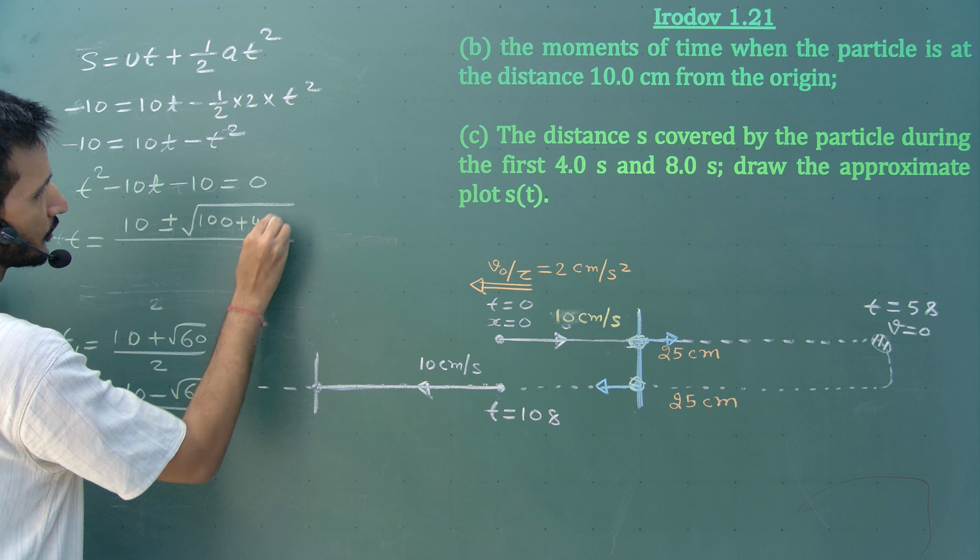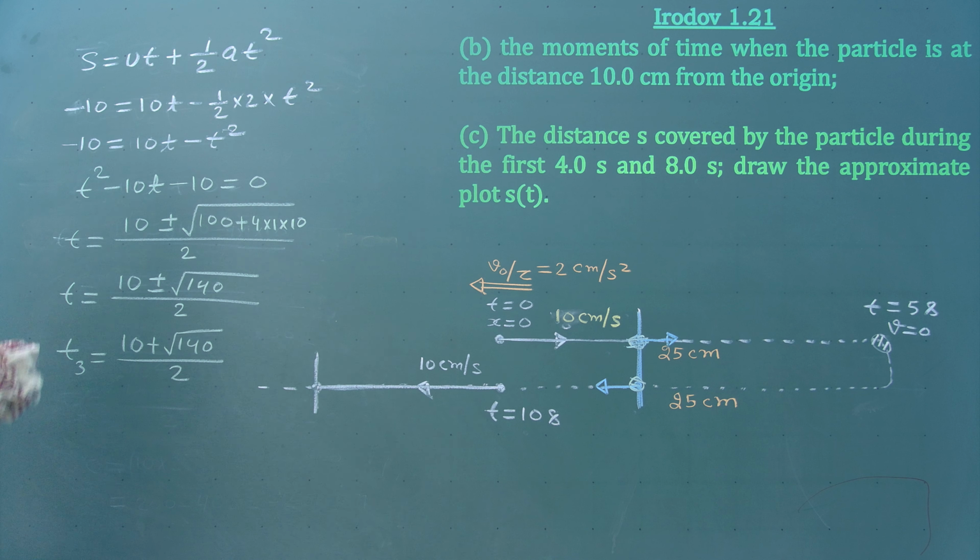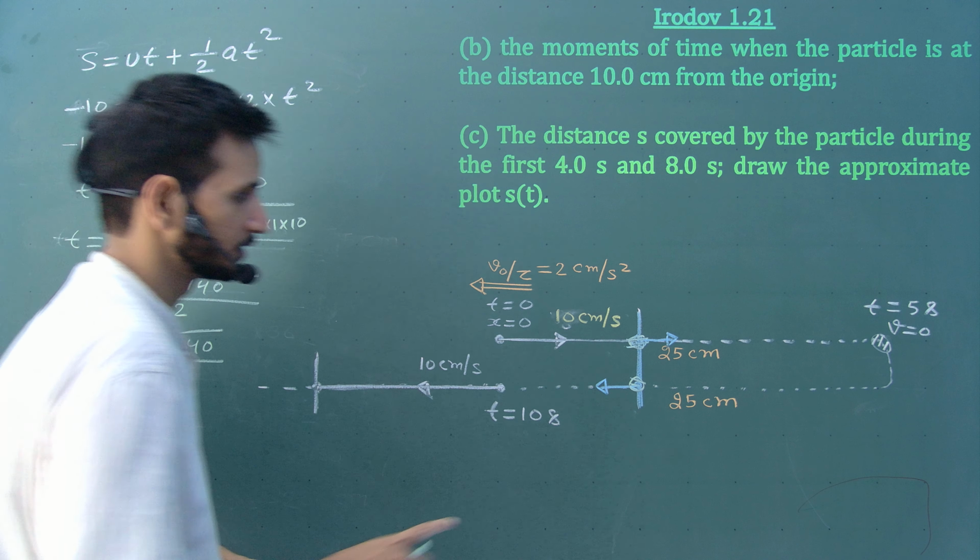So the third time will come out 10 plus minus under root 140 divided by 2. Now when we take the minus sign, this number is more than 10, so we cannot take the minus sign. So there is only one time and it is equal to 10 plus under root 140 divided by 2. So I got all three times T1, T2 and T3. So this is the procedure.